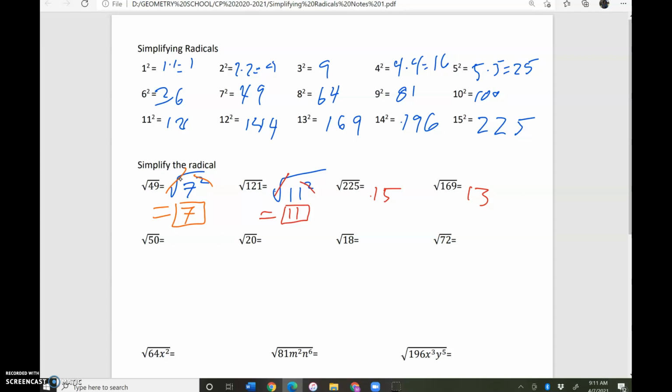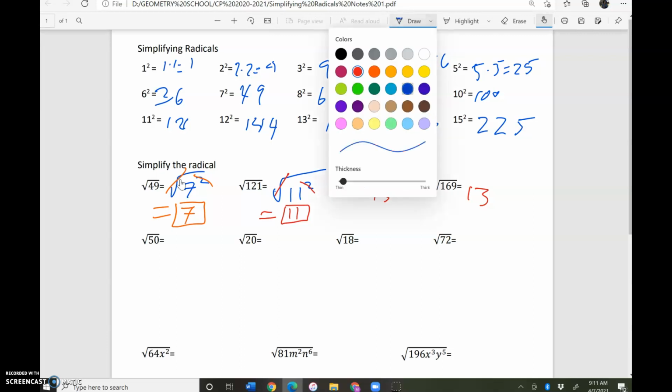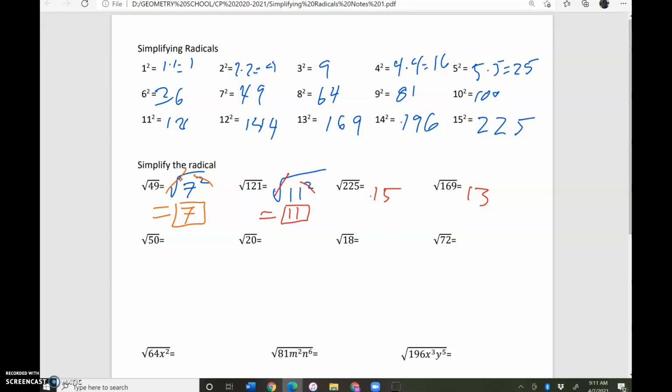But what happens when it's not a perfect square? When it's not a perfect square, then we have to do things a little differently, because we still have to simplify the radical, and we're not going to be able to use our calculator, and we have to leave it in radical form.